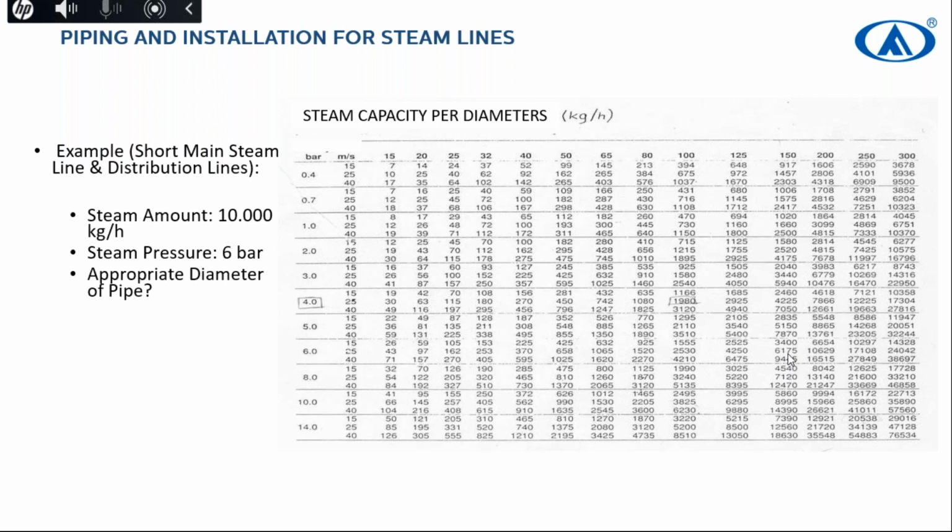It will cause high steam velocity in your system, and all will cause water hammers. I know that you hear a lot of noise in your piping, and this noise will cause water hammers, and it will damage all your expensive equipment.